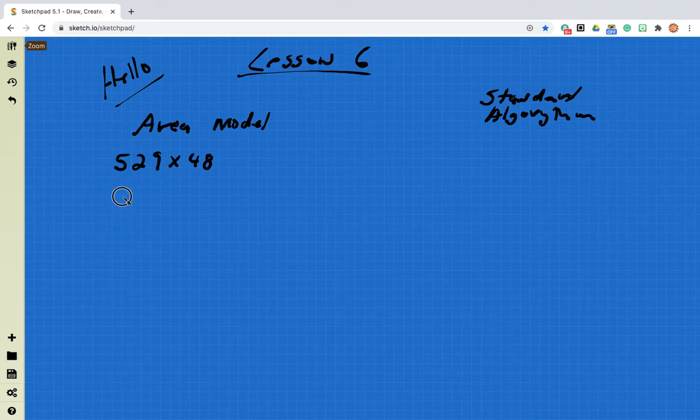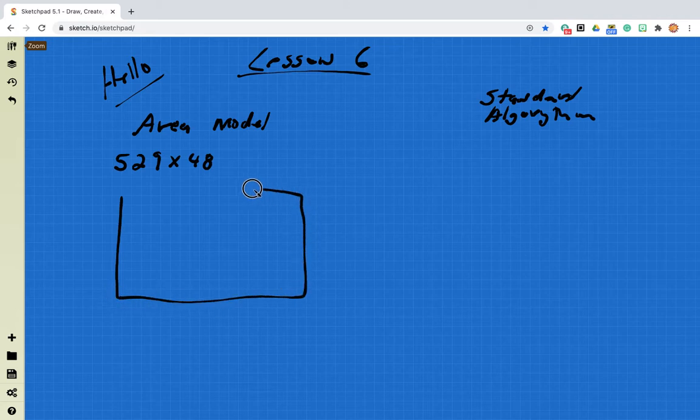Because of that, we're actually going to do the area model just a little differently. If I can draw a rectangle in here that I'm happy with. Okay. I'm going to start by taking this 529. I could just put 529 across the top. But if you could multiply 529 times 40 and times 8 and do that in your head as easy mental math, then you are much better at this than I am.